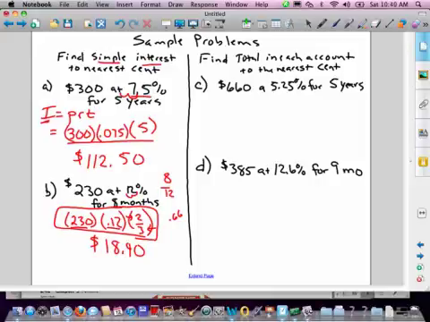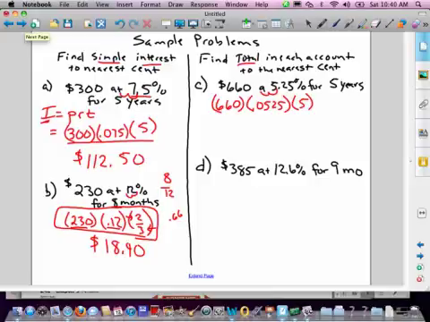All right, so let's look at C now. And this one, the only difference is we're trying to find the total. So otherwise, they're pretty much the same. So we're going to do the same kind of thing. 660 times my interest rate, 0.0525, and 5 years.